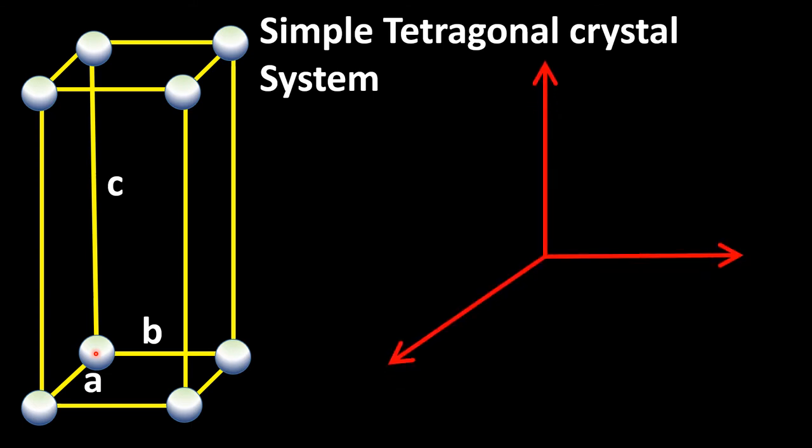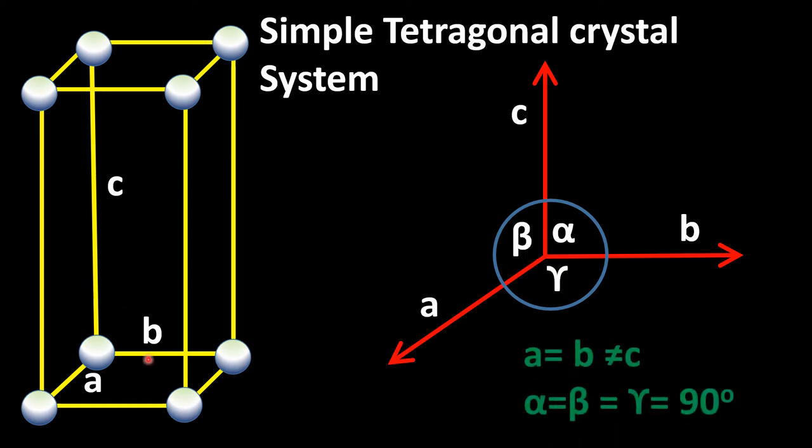This one is angle alpha, which is between B and C, this will be angle beta, which is between A and C, and this one is the interior angle, which is between A and B.